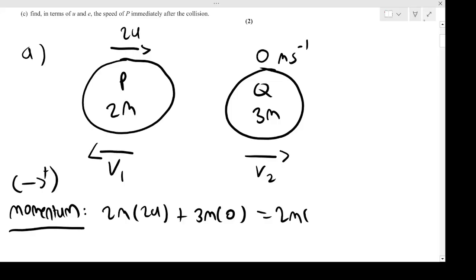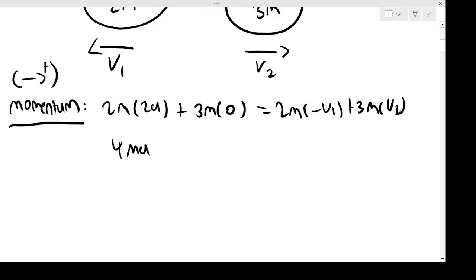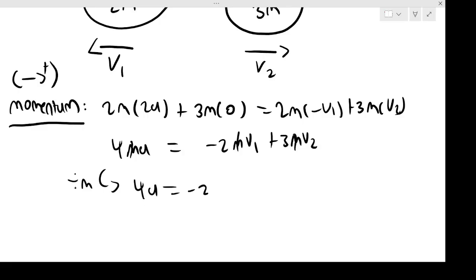So it's minus v1, and then 3m, lots of v2. If we expand all of this, we get 4mu equals minus 2mv1 add 3mv2. What we can do here is divide by the m's to cancel all the m's, which makes my life a lot easier. So I have 4u equals minus 2v1 add 3v2. Now that's my equation here.